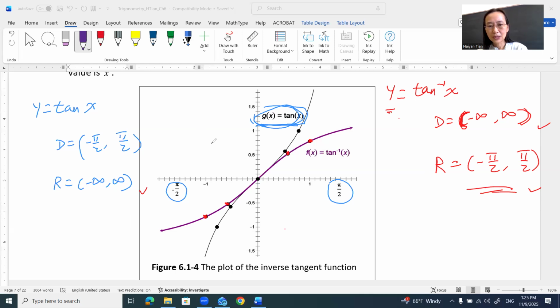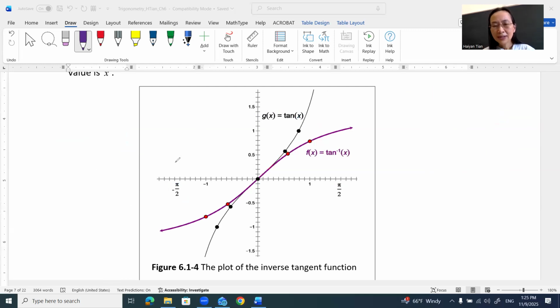So here you get a good look. And certainly these two curves are symmetric about y equals x. If you draw the curve, you can see the symmetric property. And the original tangent curve is increasing, this inverse is also increasing.